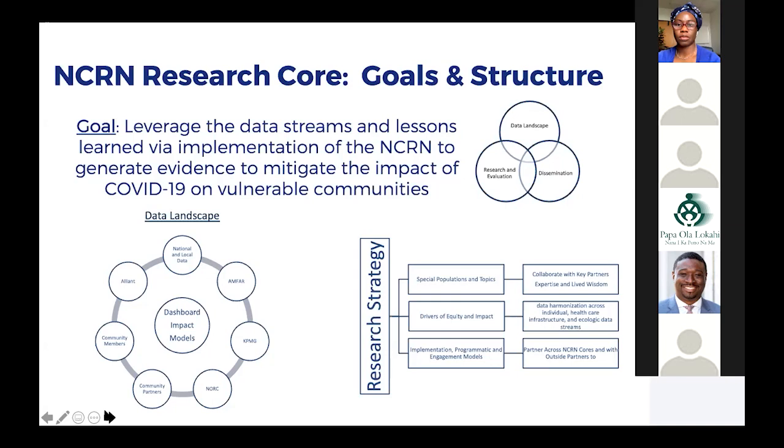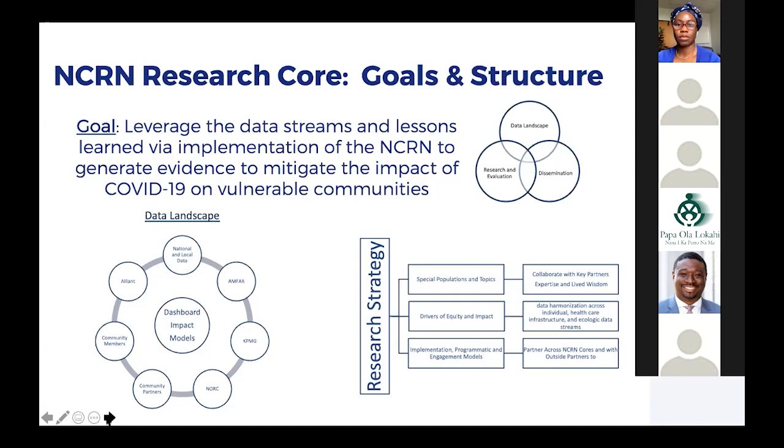Additionally, we'll have rich qualitative data, as Dr. Akintobi and Dr. Holliday alluded to in their remarks, from both community partner organizations and community members themselves. We are working with Alliant, which is a QIO, to really build out our data in the healthcare space from the healthcare system.